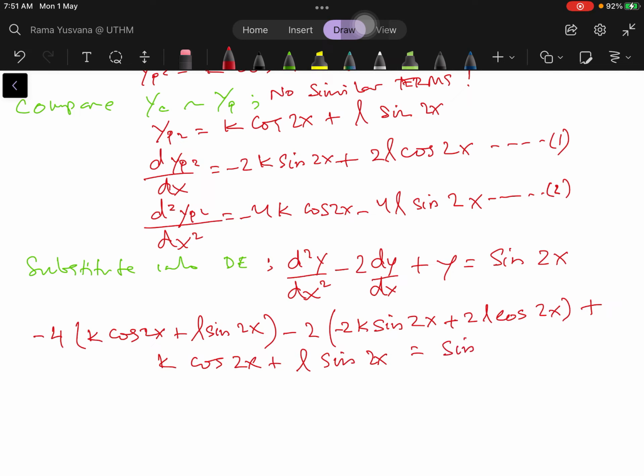This is equivalent to our fx, which is sin 2x. Or if you want, you can compare that also adding 0 cos 2x, same thing.